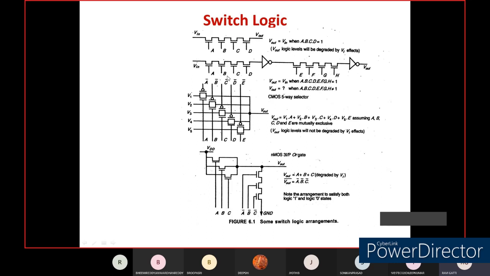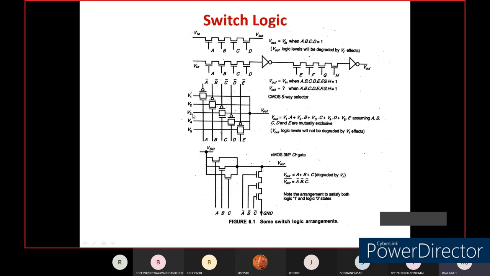You can see here A, B, C, D divided, and you get the output, which is inverted, and from the inverted signal you are driving some more transistors. If the input cannot be coupled to the output simultaneously with a large number of drivers, then you can make use of this inverted buffering system, so that the input can be clubbed to the output with minimum threshold degradation in the values.